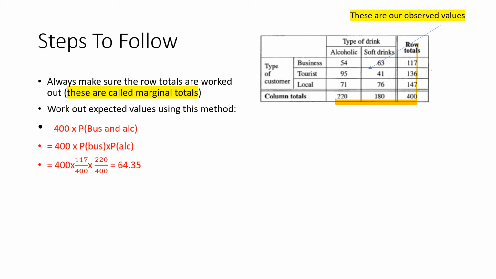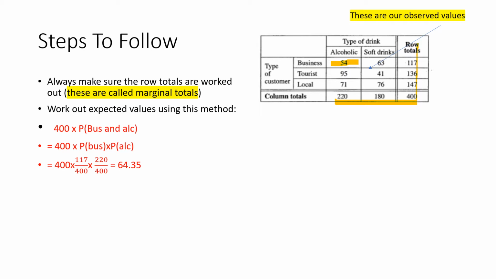And we're going to work out the expected values just like we normally do when we do expectation, which is np, but we've also got two probabilities that we've got to combine. So I want to work out what the expected value is for this cell here, the business and alcoholic drink. So that's the probability of being a business person and having an alcoholic drink.